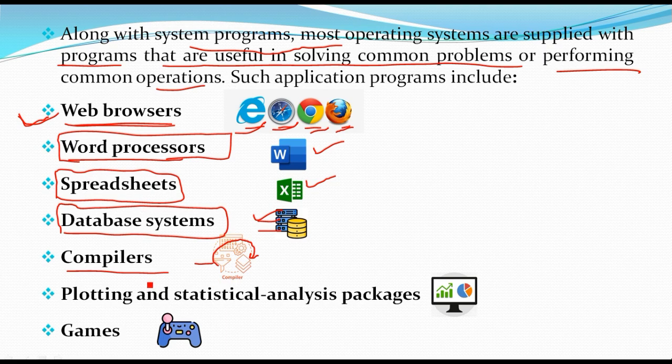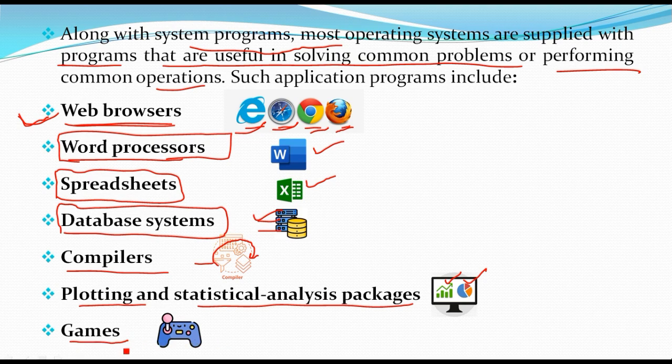Plotting and statistical analysis packages are used to fetch particular data, analyze the data, and prepare charts, bar charts, ratio charts, pie charts, etc. And there are gaming applications or programs.